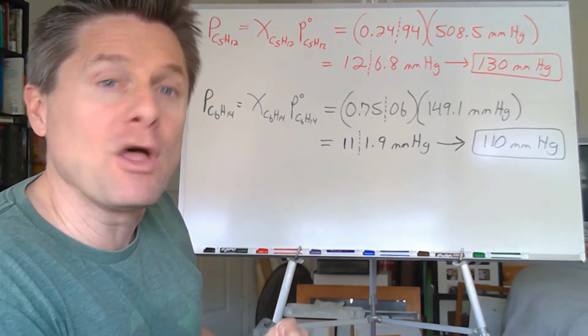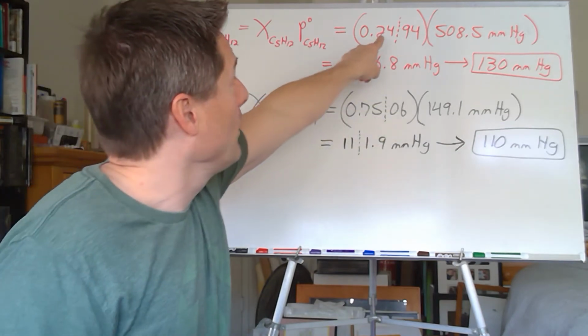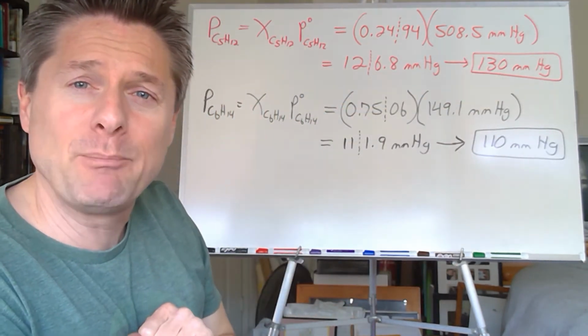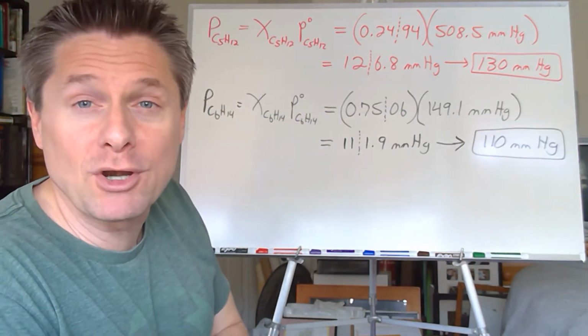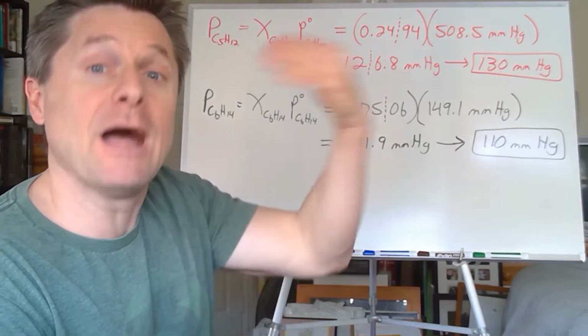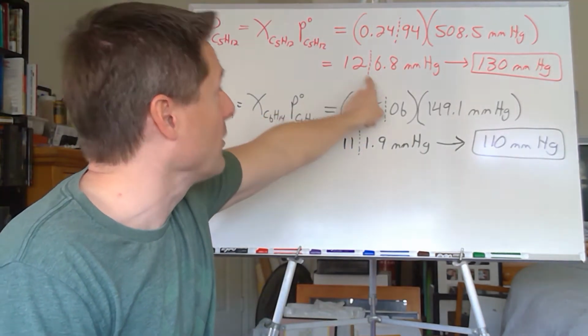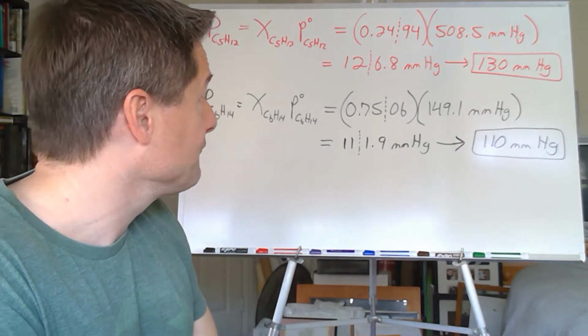You can't really call that solvent per se in this scenario, so it's just the pentane. So we've got 2 sig figs in the mole fraction, 4 sig figs in the pure vapor pressure. I end up with 126.8 millimeters mercury of pentane above the solution. Since we're only good at 2 significant figures, that's going to round up to 130. It's closer to 130 than 120.